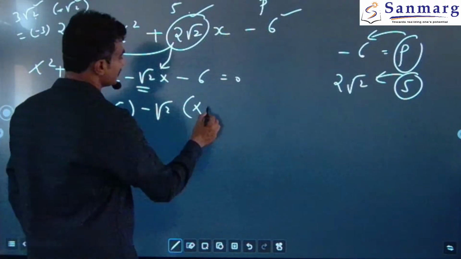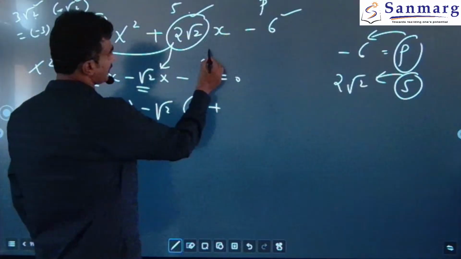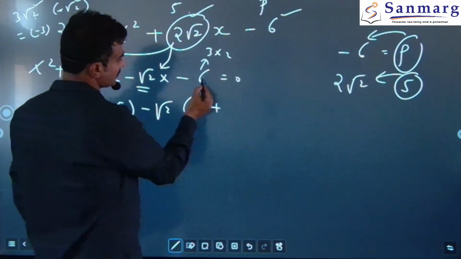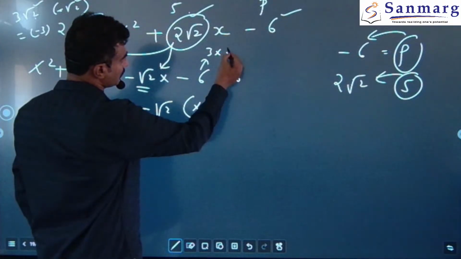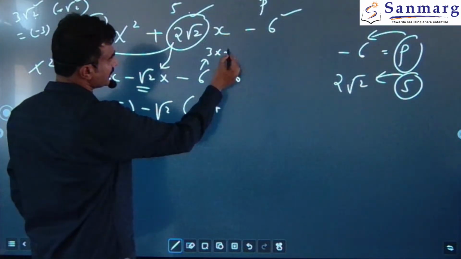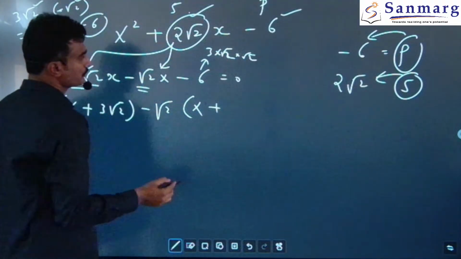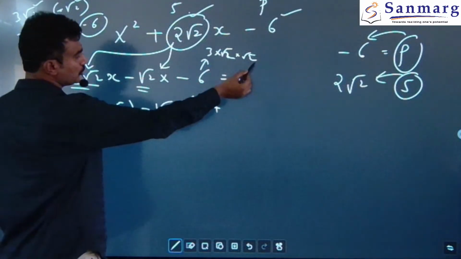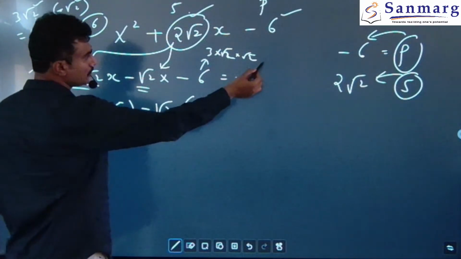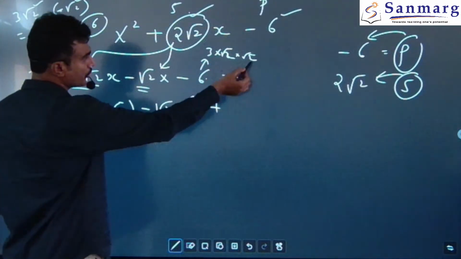We can write x here, and 6 we can write as 3 into 2. And again this 2 we can write as root 2 into root 2. So we can write 6 as 3 into root 2 into root 2. Root 2 into root 2 is again 2, 2 threes is again 6.